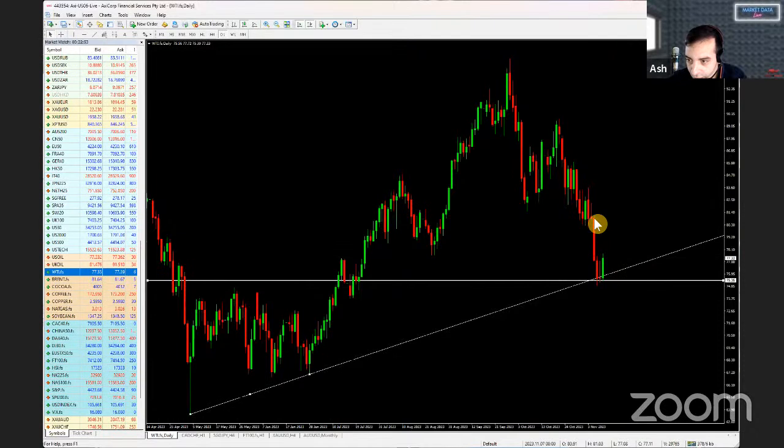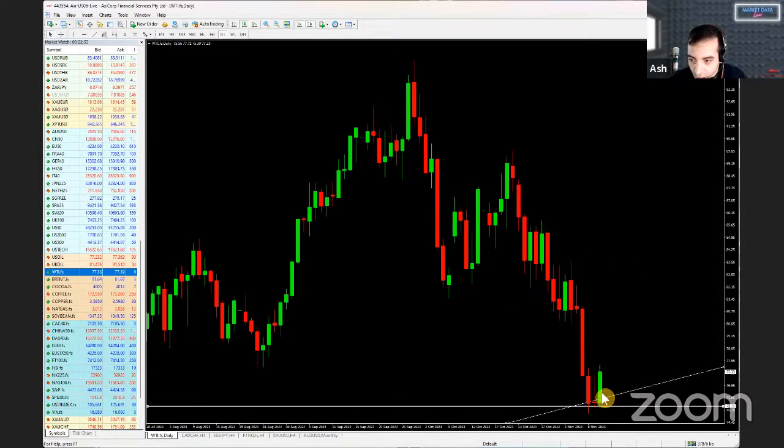And then we see here a big move to the downside, another big move to the downside, and just this big attempt to get back up again, but it failed. But now we've got this move here. Now this is called a morning star.